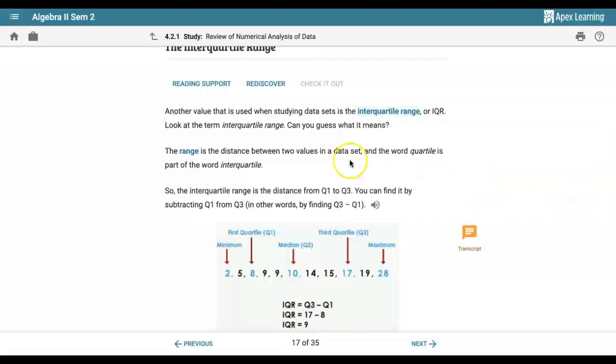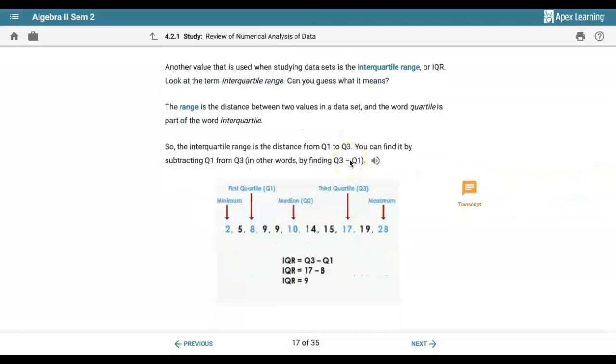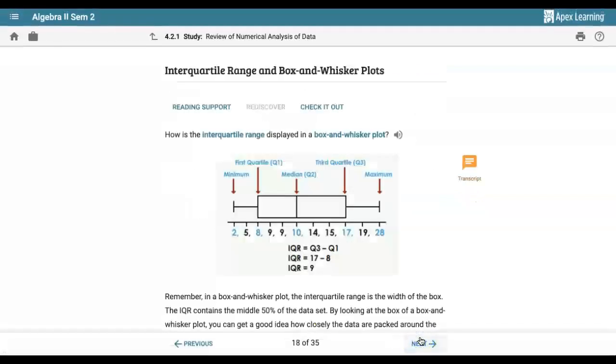So now, instead of looking at the entire range of our data set, we can look at our interquartile, or the range between our quartiles. So our overall range would be 28 minus 2, right? So that would be a 26. But now if we're looking from quartile to quartile, we're looking at only 17 minus 8, which gives us an interquartile range of 9.